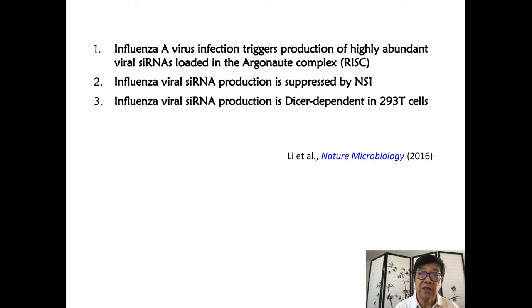We also showed in this paper, but not shown today, that using the DICER knockout 293T cells kindly provided by Brian Cullen's lab, influenza viral siRNA production is DICER dependent.